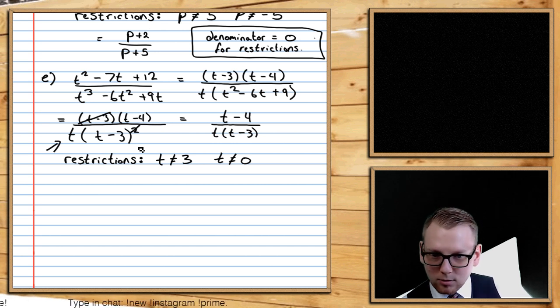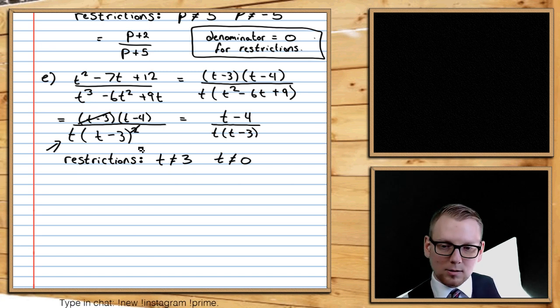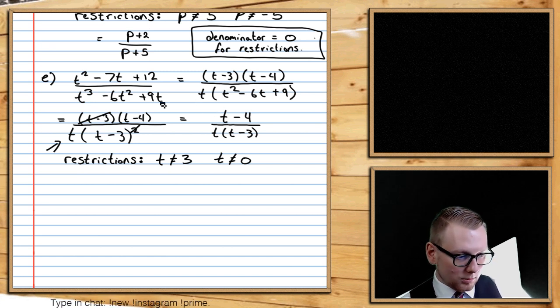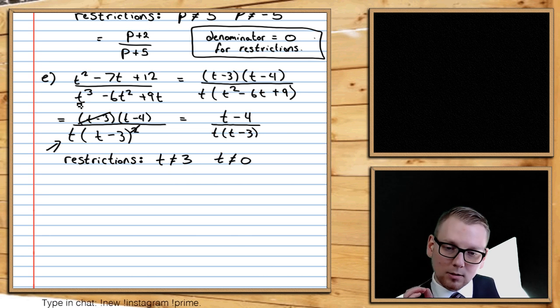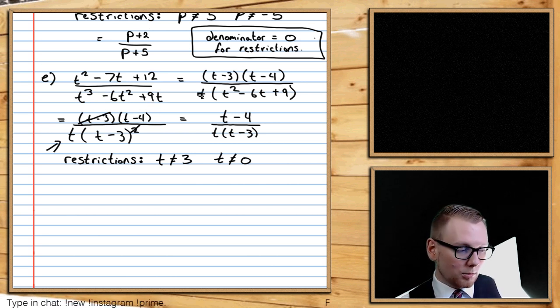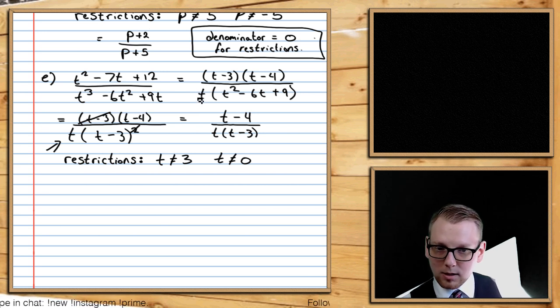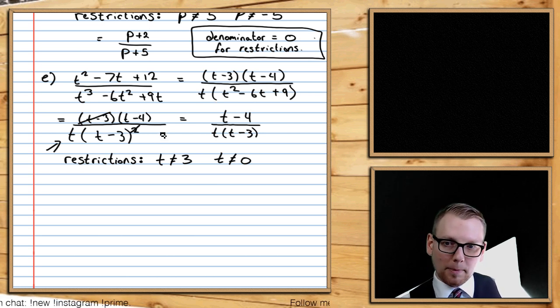Just like anything else, it didn't disappear. We took it out because it was the greatest common factor between all three of these terms. All three of them. So we took it out. Okay? It doesn't disappear, it doesn't go away. If we multiply it back in, we get the original. Okay?